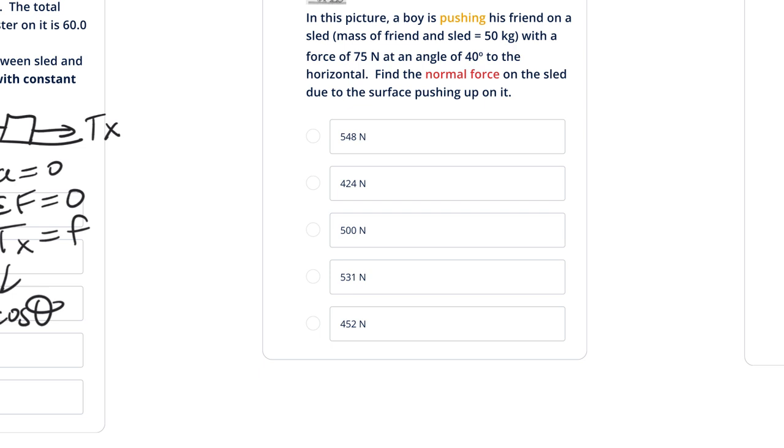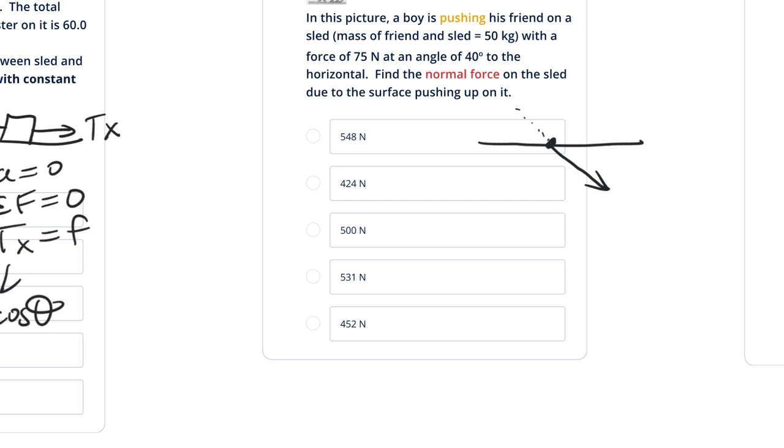Okay, this one. Now, the guy's pushing a kid on the sled. So, let's draw this picture. So we've got a downward force of 75 newtons on the sled.